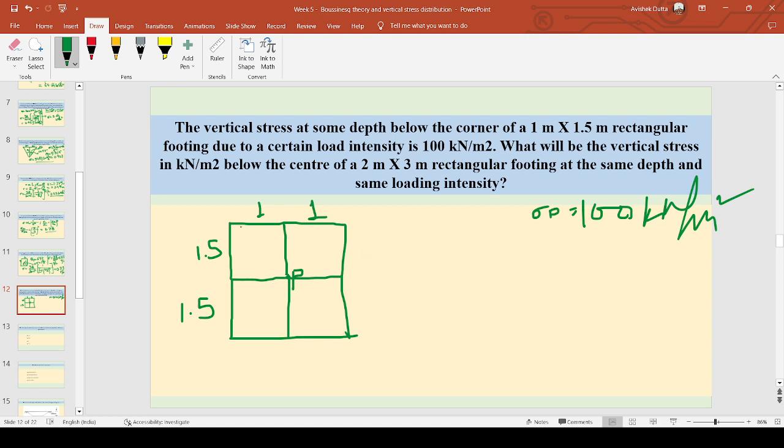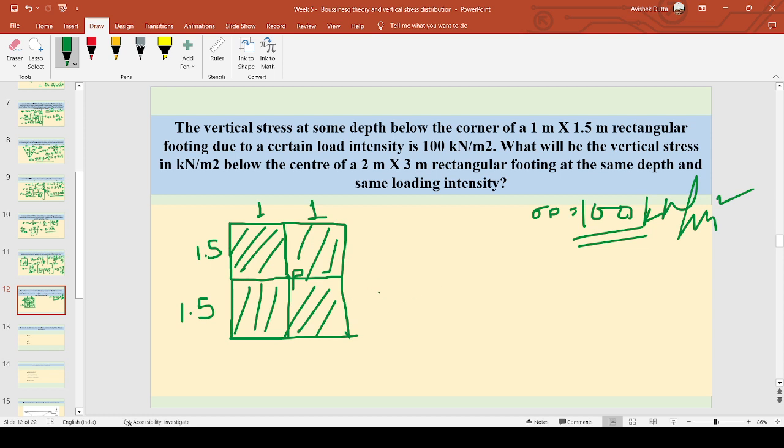Now, if for one of these blocks the intensity of vertical stress at the corner, that is this point P, is 100, then for four blocks combined, the vertical stress at point P will be 4 times 100, and that pressure is acting at the center of this final loading area.